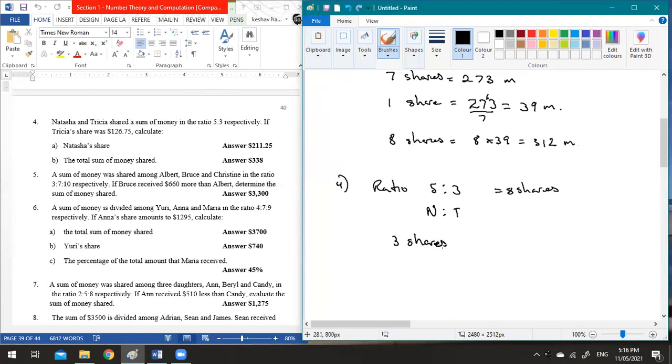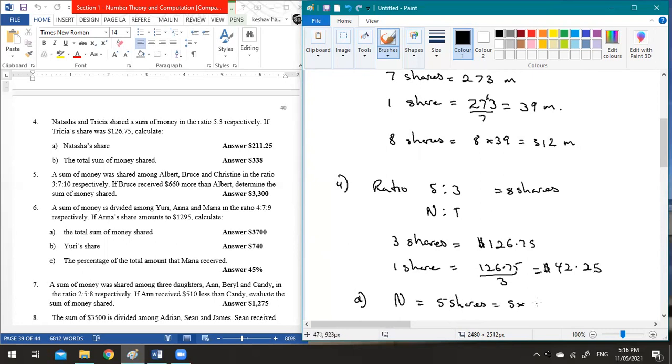3 shares is equal to $126.75. So 1 share is 126.75 divided by 3, which is $42.25. Right? So Natasha's share was equal to 5 shares.